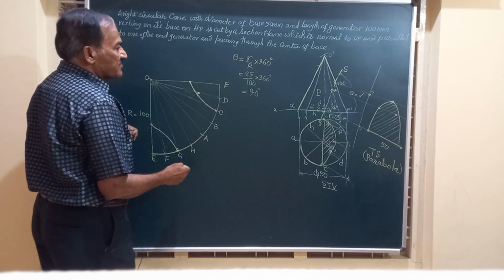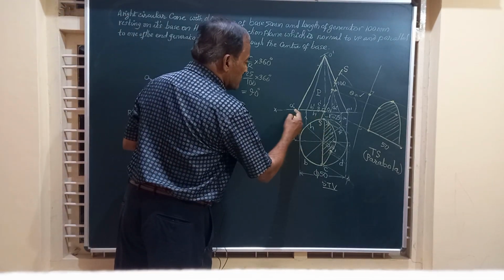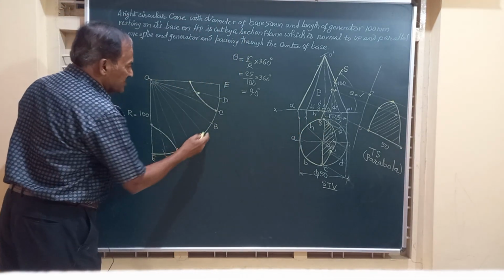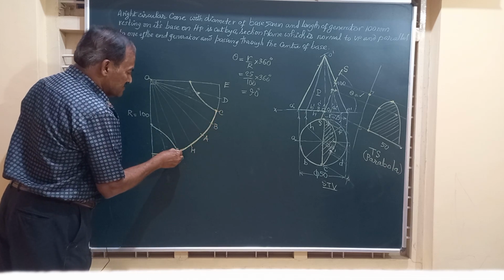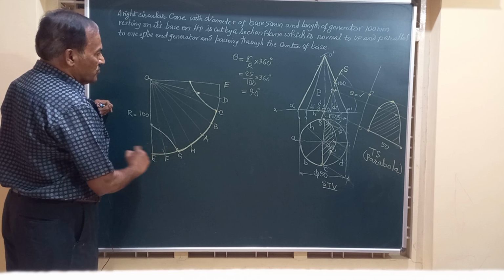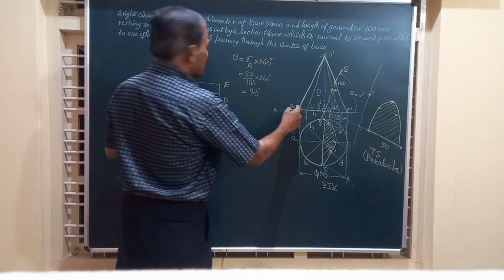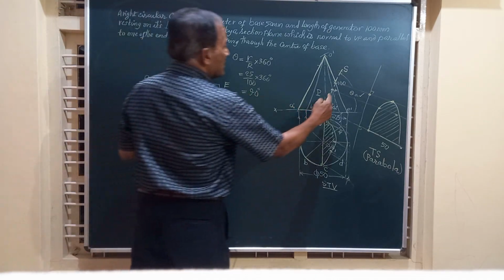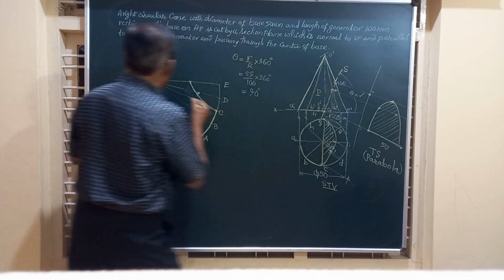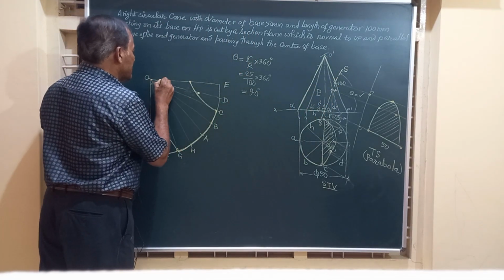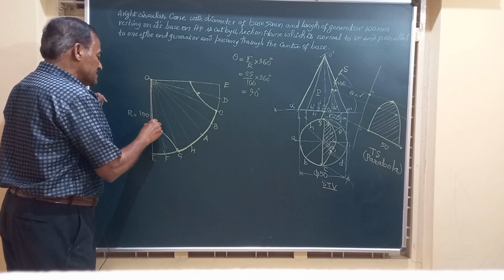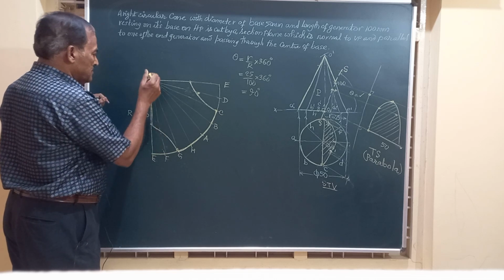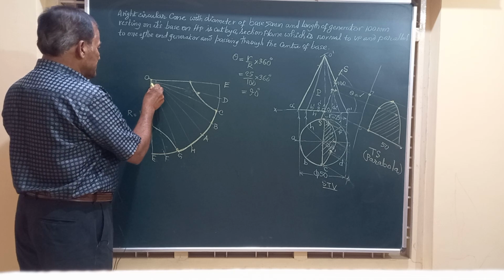And after that, friends, from CG up to A, the portion is retained. So I am going to darken this part. And this last portion is removed. The portion on OE up to here is retained, so I am going to show that portion also by a dark line.